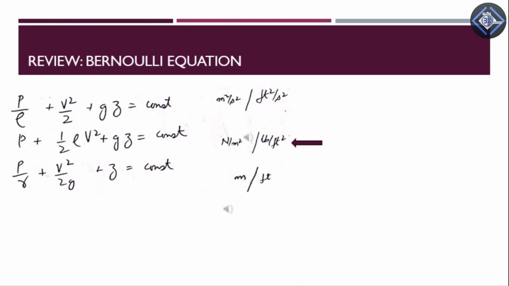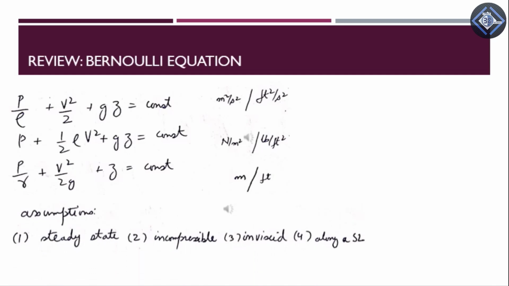The second equation has units of pressure, that is Newton per meter square or pound per feet square, that is also written on your screen. The third equation can be called the Bernoulli equation in the head form. It has units of length, that is meter in the international system of units, and feet in the British gravitational system.